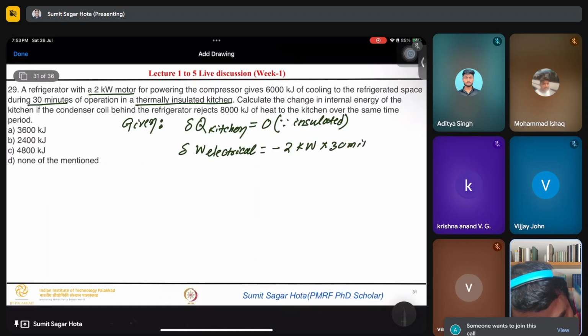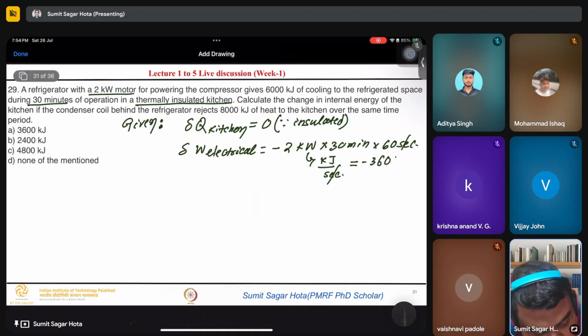Just convert it into seconds. Kilowatt is kilojoule per second, so seconds get cancelled and the unit will be kilojoule. It's negative, which is equal to minus 3600 kilojoule. So we have delta W.